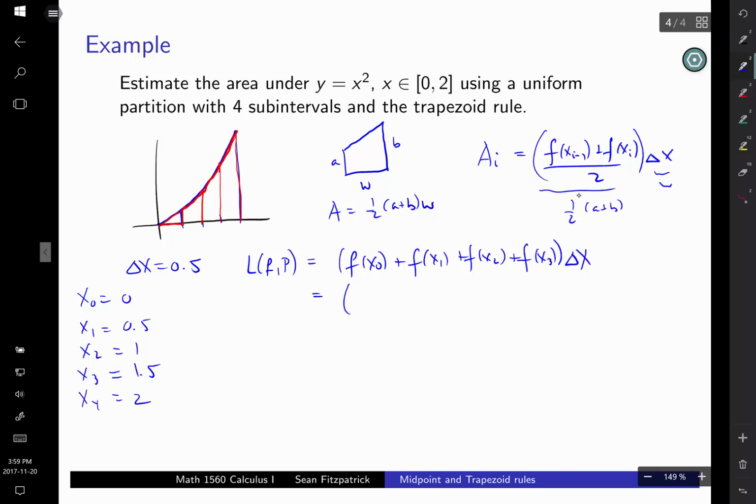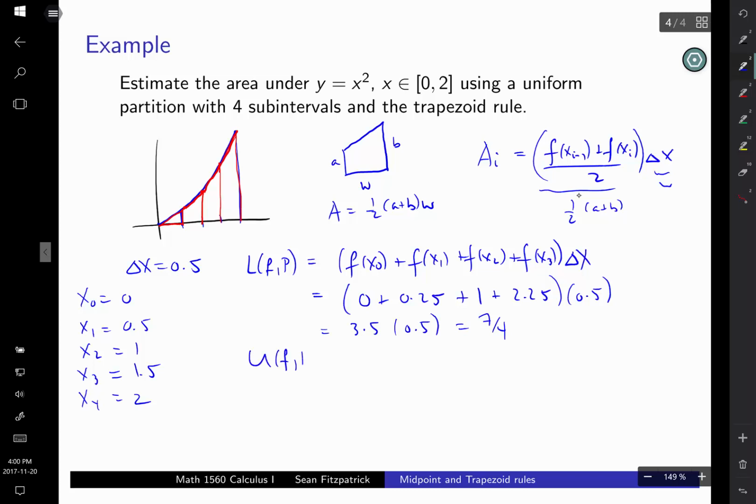Our function is a squaring function, so this is 0 squared, which is 0, x1 squared is 0.25, 1 squared is 1, 1.5 squared is 2.25, times 0.5. So this gives me 3.5 times 0.5, so 3.5 times 0.5 is 7 over 4.